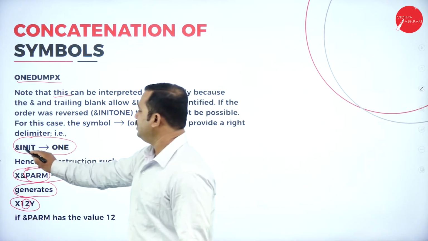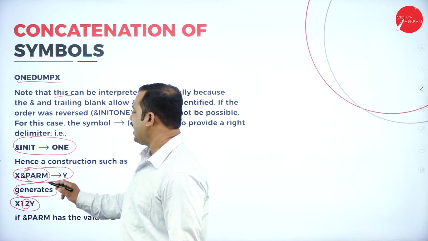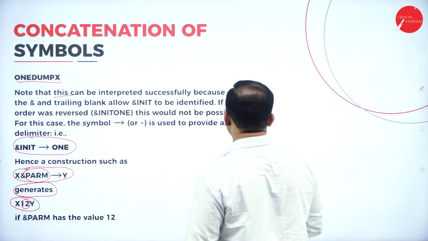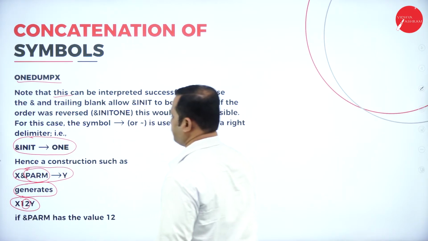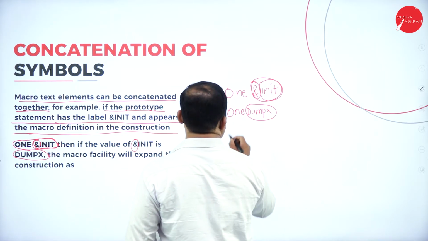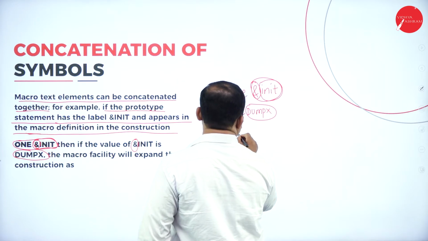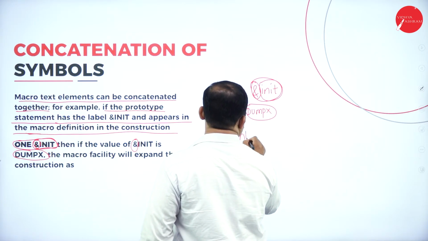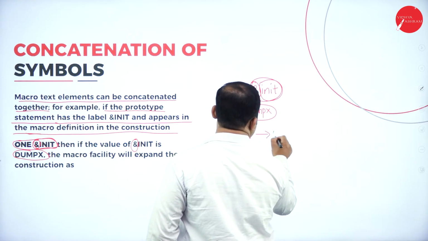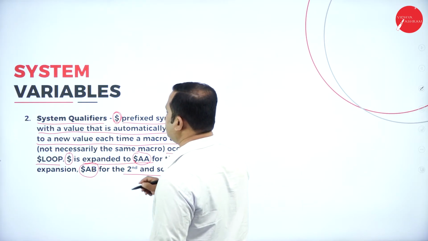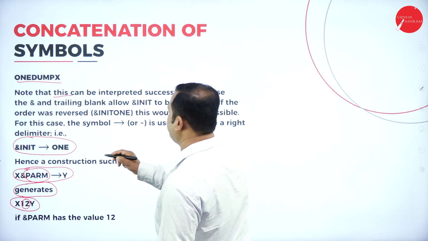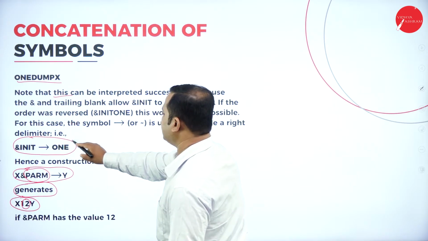Next, init is tending to 1. We have the delimiter which is setting the value to 1. If you look at this, you will clearly understand that &init is set to 1.